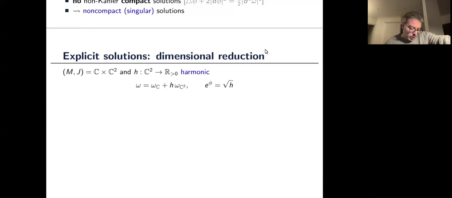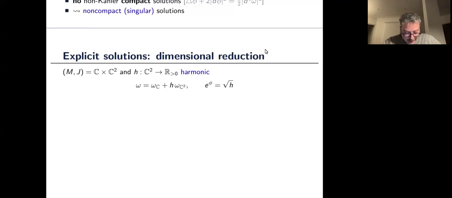So the first source of examples is some explicit solutions of this system that arise from dimensional reduction, essentially, and via some sort of conformal rescaling method.